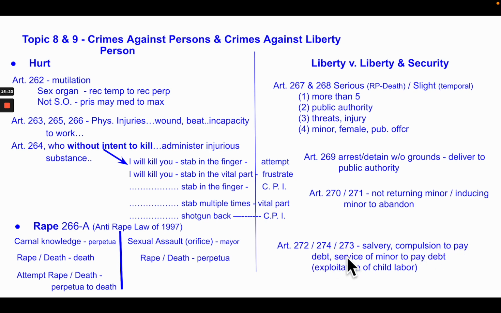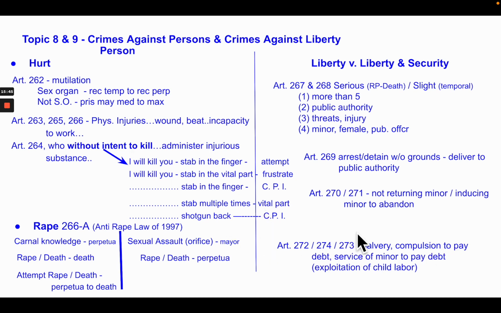Or 273, when a minor is forced to serve to pay a debt. Take note, it's called exploitation of child labor. The Revised Penal Code says, 273, exploitation of child labor means you allow the minor to do service in order to pay a debt. It's very close to this one, the compulsion to pay a debt.